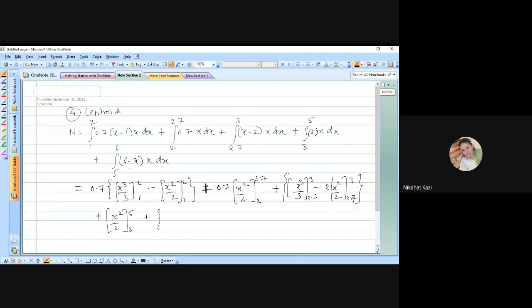So first one is 6x, which is 6 times the integral, x square by 2, over the interval 5 to 6. And the second term is integral of x square, that is x cubed by 3, right? So these are your integrals.